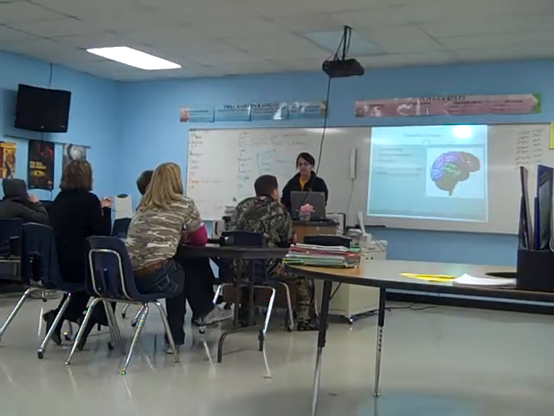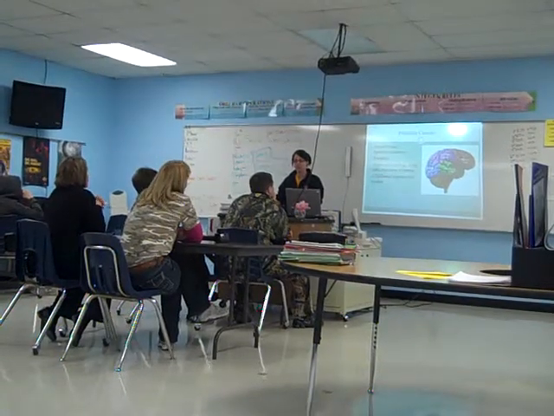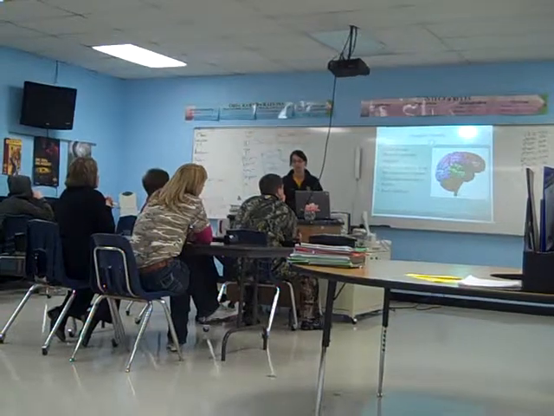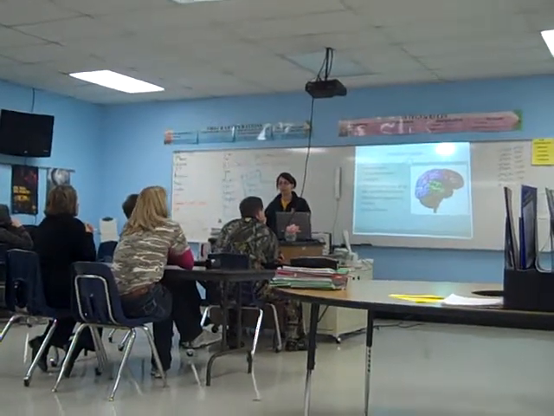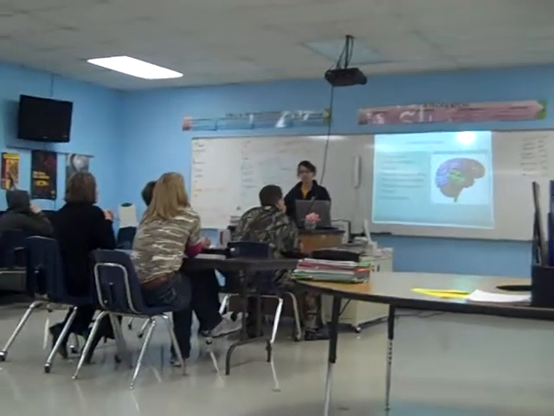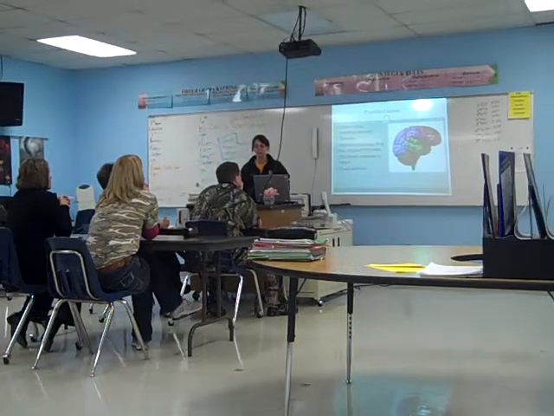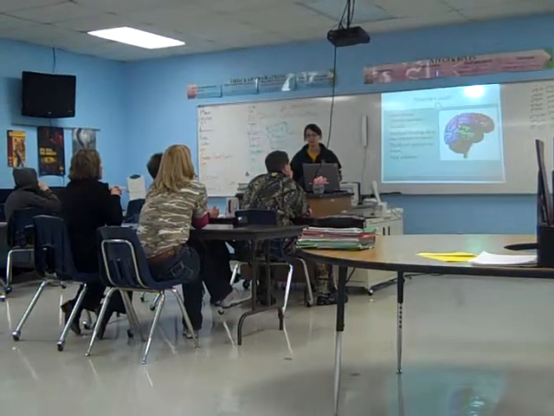This part, there's no cut and dry explanation for ADHD. There's a lot of research going on right now, and a lot of possible causes and theories exist. One thing they have proven is that there is a difference in brain anatomy between ADHD students and regular students.